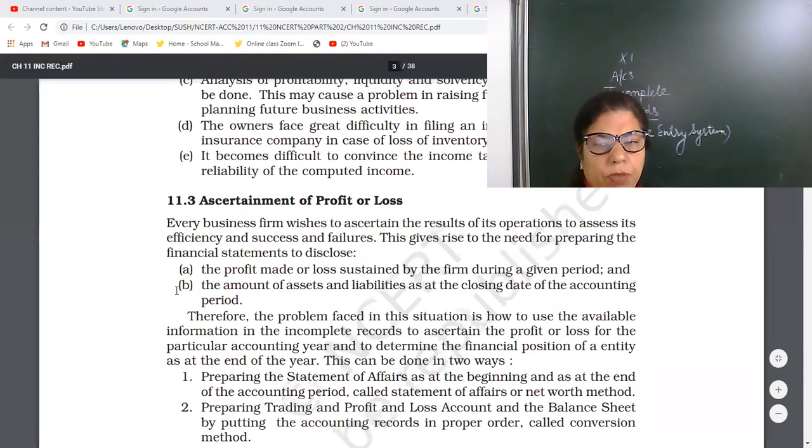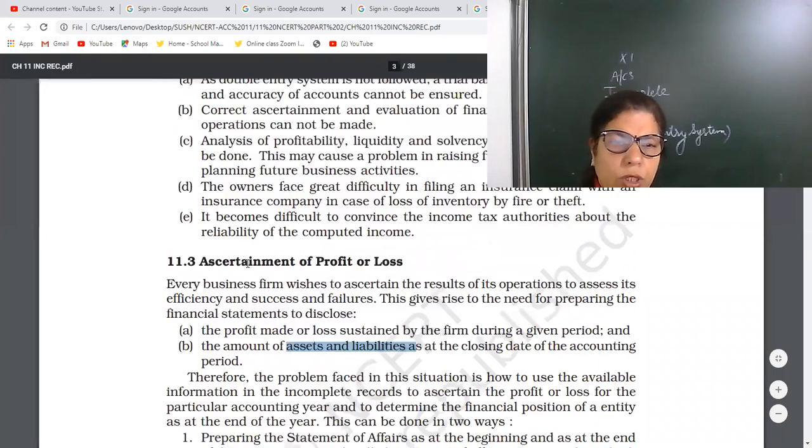So two statements are to be prepared: one is a statement of profit and loss, and the second is a statement of affairs for assets and liabilities. Clear? From the next class we will start how to ascertain the profit or loss and how to come to know the capital value with the help of these statements. That will be the numerical part.